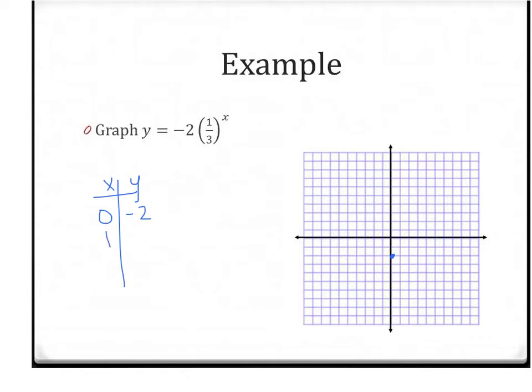And then I would put in 1, and 1/3 to the first power is 1/3, times -2 is -2/3. So at 1, we're at -2/3. And if we put in -1, 1/3 to the -1 power is actually a +3. And that times -2 is going to be -6.